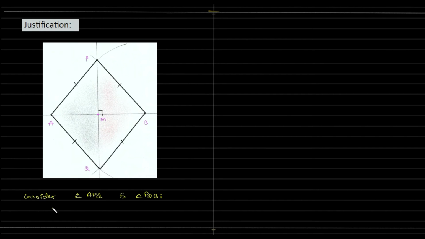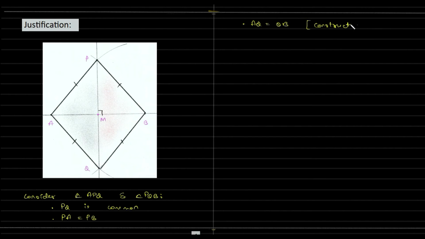Simple reason being PQ is common, and AP or PA is equal to PB, and AQ is equal to QB. So all these are of the same length. We have constructed them in this way.